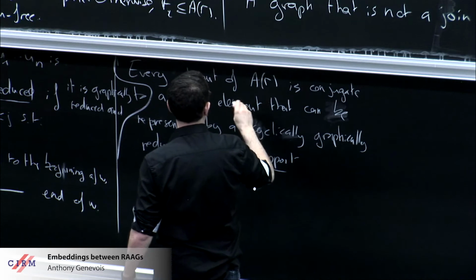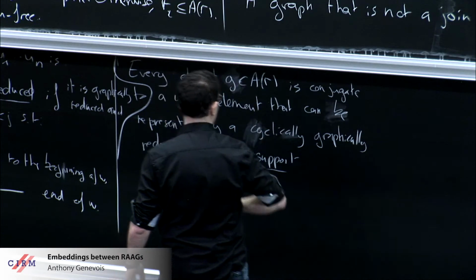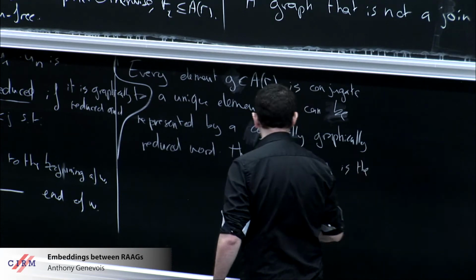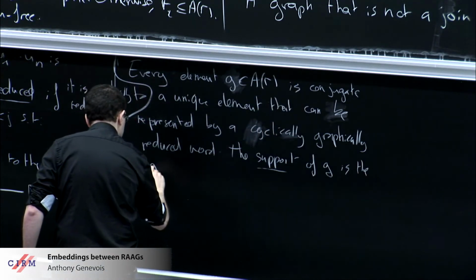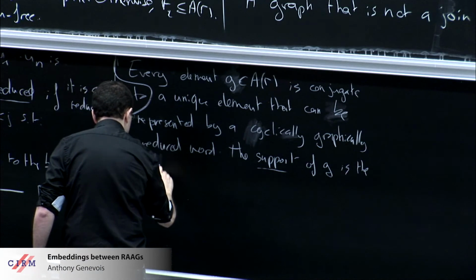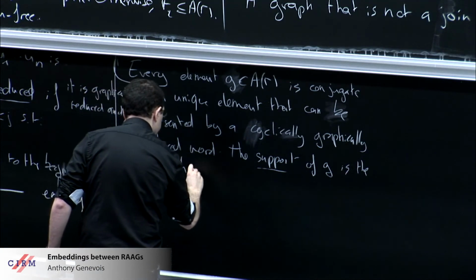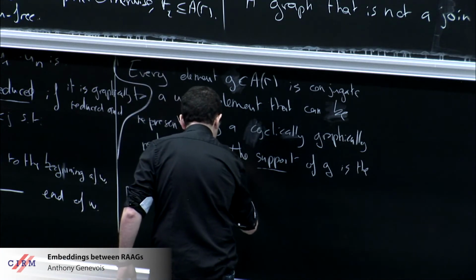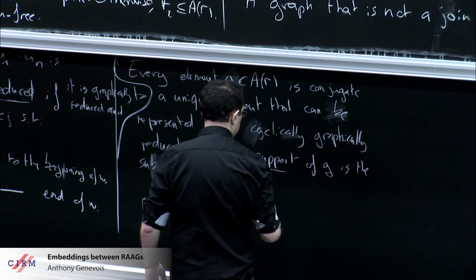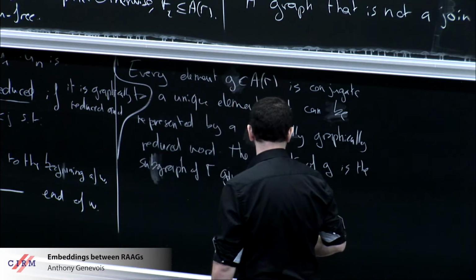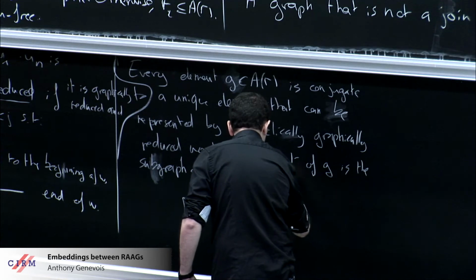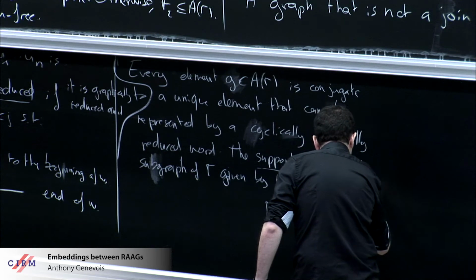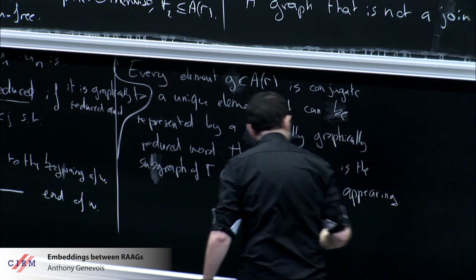Let G be an element. The support of G is the subgraph of gamma given by the vertices appearing in such a word.